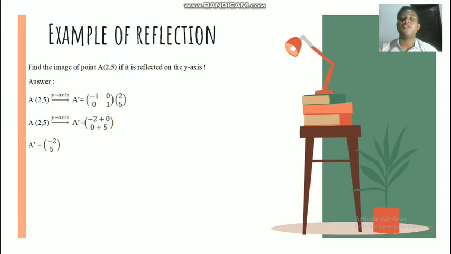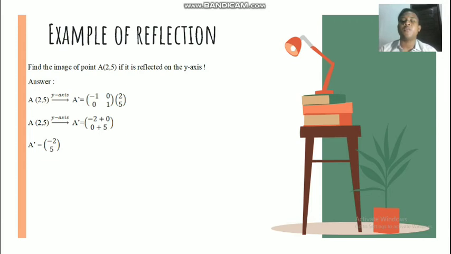Okay, the answer is: A(2, 5), y-axis. So A' equals the matrix [-1, 0; 0, 1] multiplied by [2, 5].